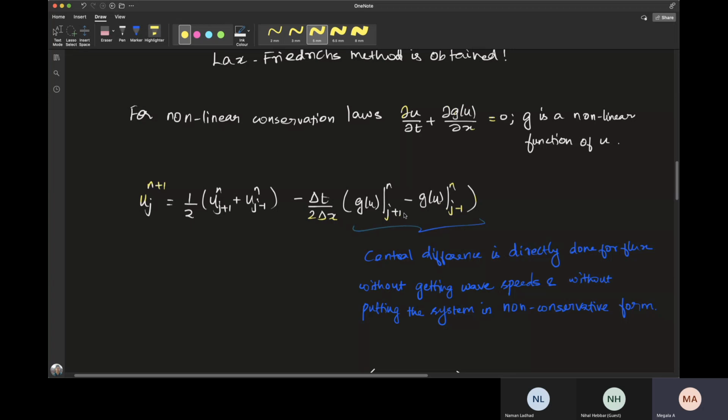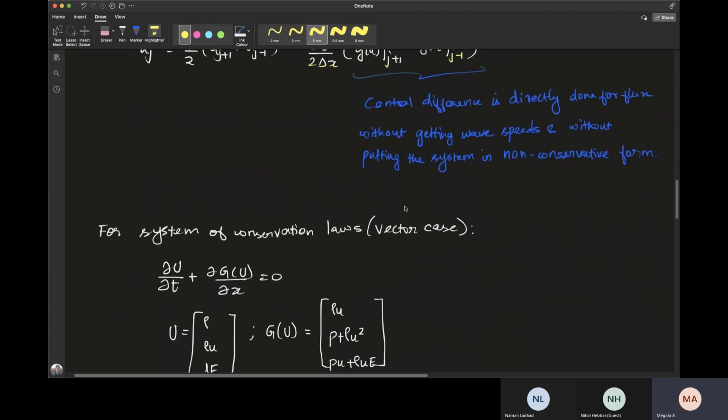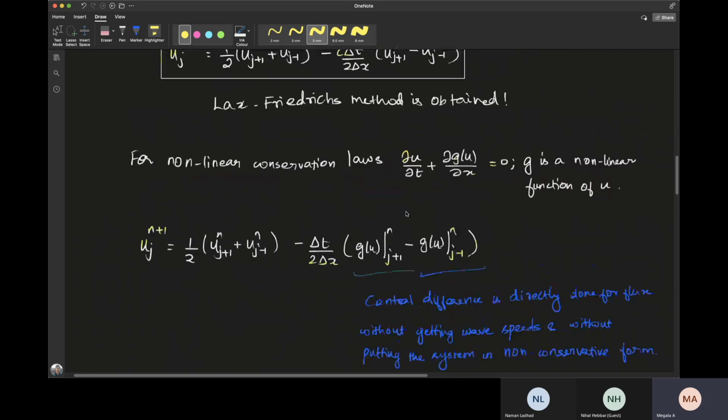So here, this is a scheme wherein you did not go through all those problems and just have your fluxes evaluated at the cell centers itself. So this is the Lax-Friedrichs scheme, and this is for a scalar conservation law.